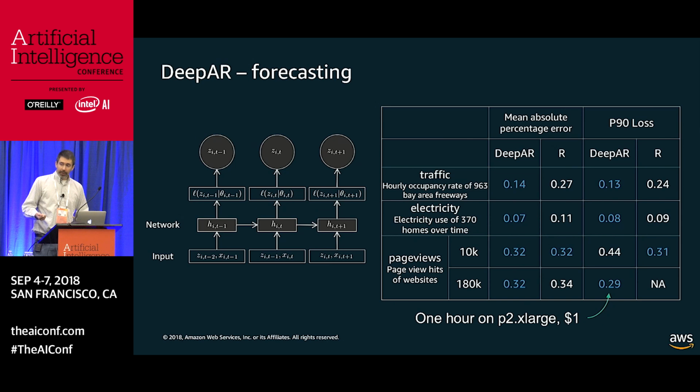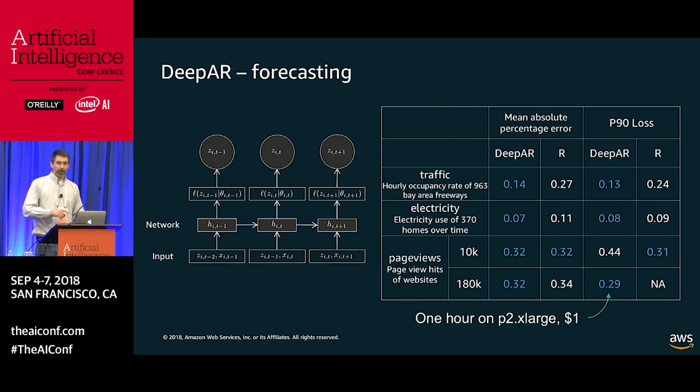The next one is deep AR forecasting. I had mentioned this before. This is an algorithm that I mentioned we developed in-house. It's used to predict a large number of interrelated time series. Most forecasting algorithms take one time series at a time and predict it.